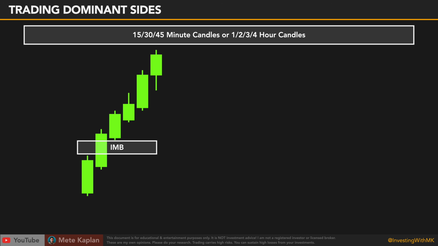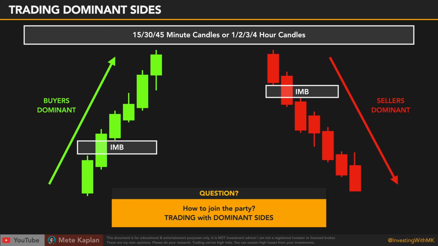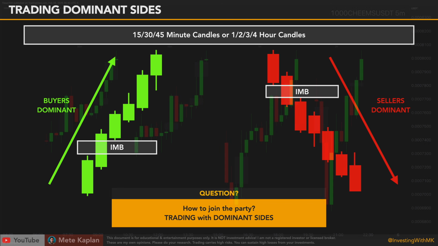These moves generally start with a nice momentum imbalance. This is buyer dominance. Or constant red candles ignited with an imbalance. This is seller dominance. So, the question is how to join these dominant parties and how to trade these in action.